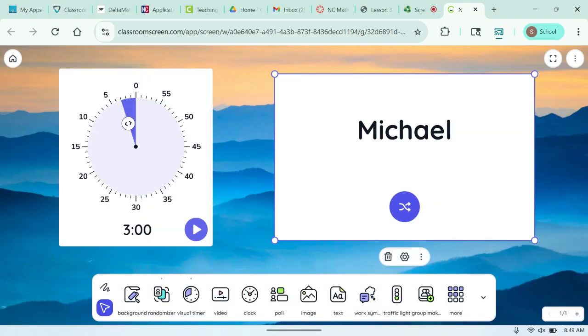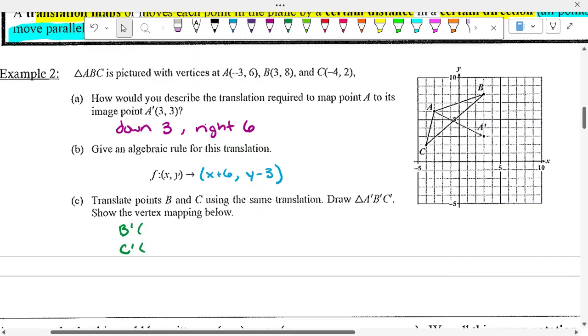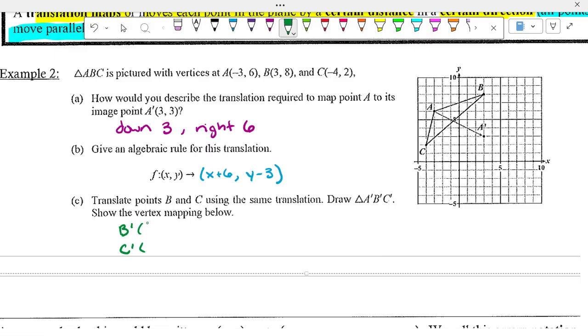All right, let's go with Michael. What'd you get for B prime? What point? 2, 1. Oh, I mean C prime, my bad. Okay, I'll take it. So 2, -1 for C prime.